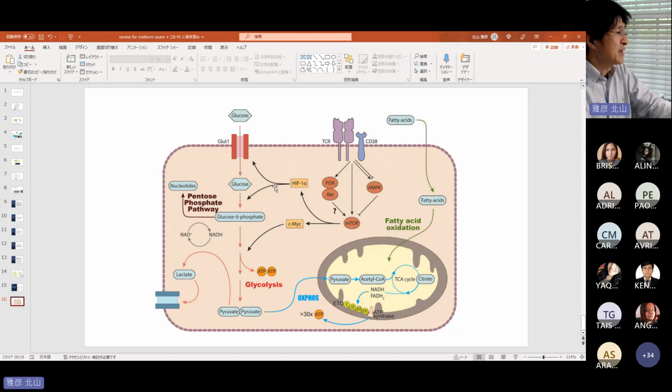So you can remember glycolysis occurs in the cytoplasmic space, the cytoplasm of a cell, like yeast, or even ourselves. In human beings also, glycolysis is performed in the cytoplasmic space, the cytoplasm.